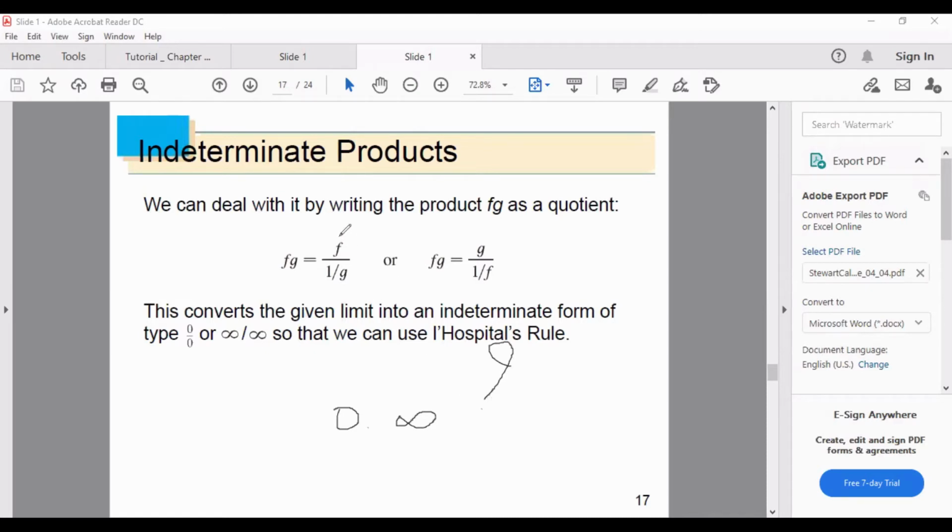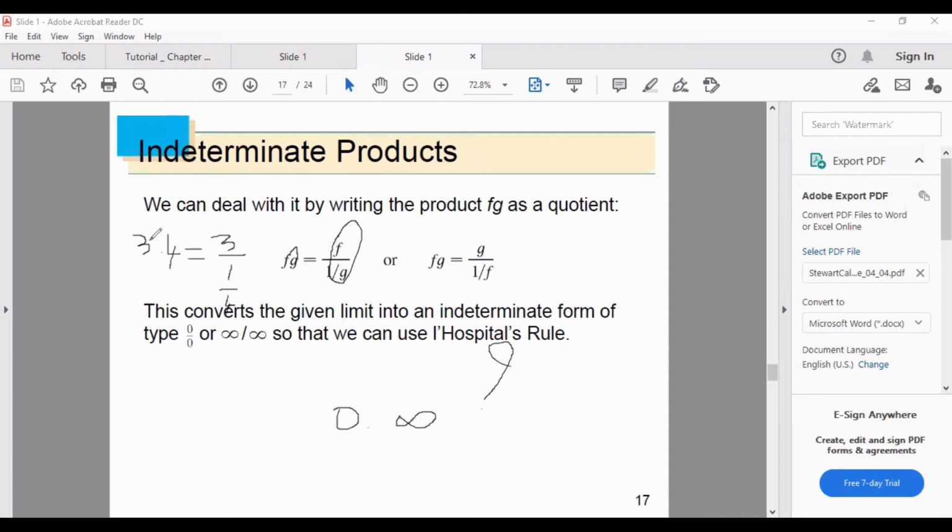You know, L'Hospital's rule works only when we have a fraction. Then the idea is to look at the product as a fraction. For example, just to fix the idea, when we have 3 times 4, we can look at it like 3 divided by 1 over 4. Is it clear? 3 times 4 is equal to 3 divided by 1 over 4.